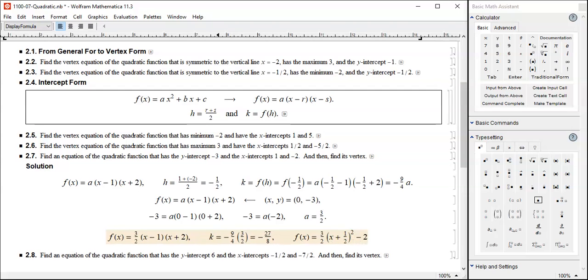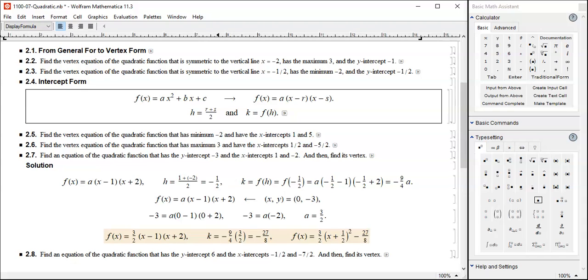What is k? -27/8. Okay, we have an equation of the parabola, first in the intercept form, another in the vertex form. Well, the problem said just find an equation, did not specify to find the vertex equation, so I didn't really have to do this. I could have stopped here, but then again, I need to find the vertex anyway.